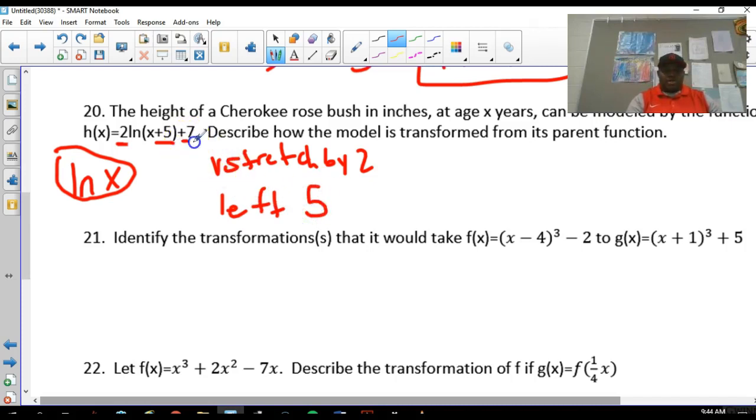And then outside the parentheses we have the function plus 7. So that means vertically up 7, okay? Make sure you look at your chart, guys. All the transformations are the exact same for every function. All right, give yourself a bell. Awesome. Hopefully you got that.